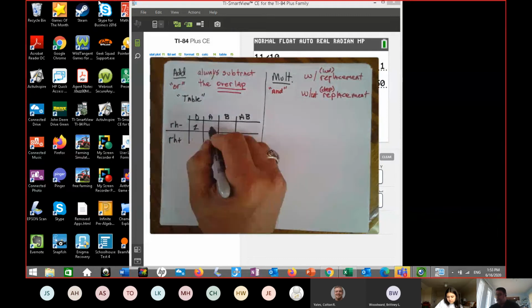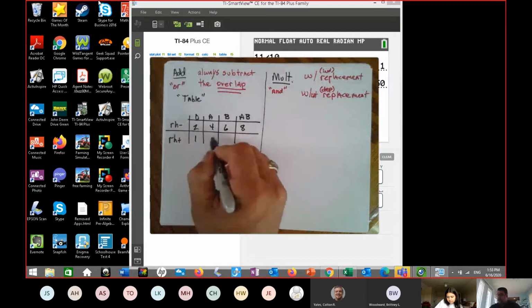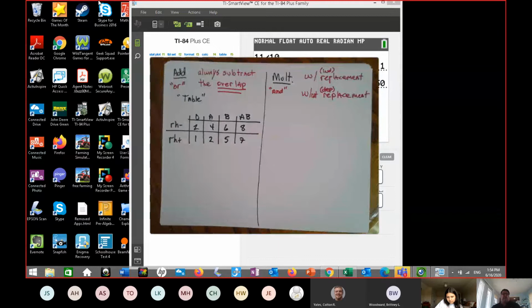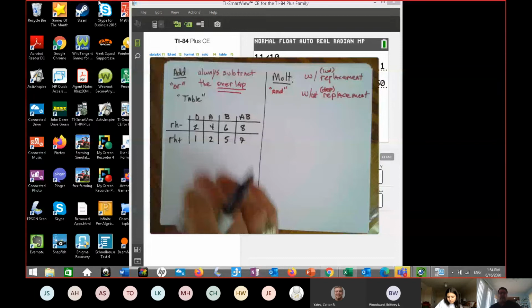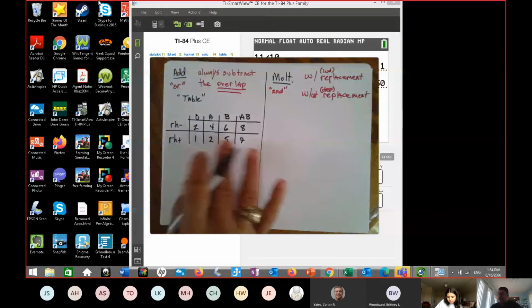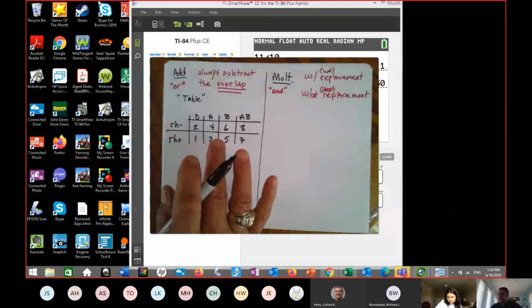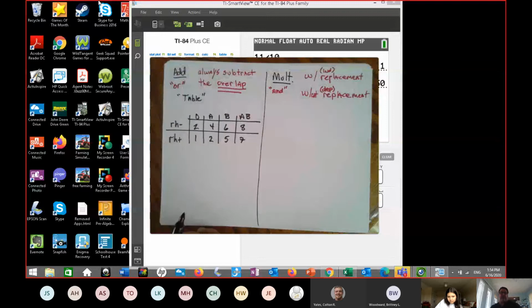Two, 4, 6, 8, 1, 2, 5, 7. I like to give students a table when I do the additive law, and this is a good one to use. I would do a couple of problems, just make up some, because you've got about 8 to 10 problems with this.